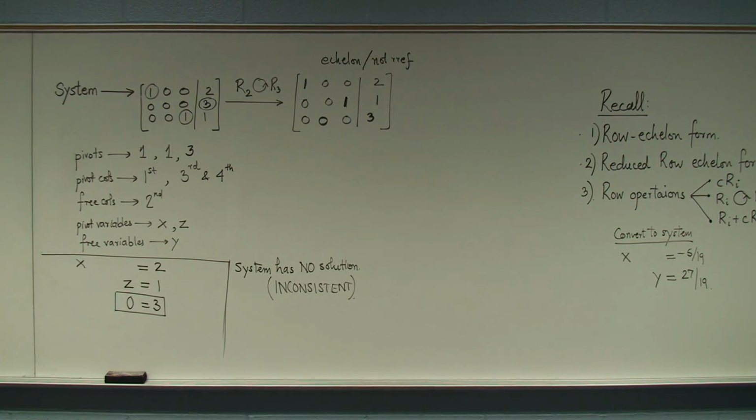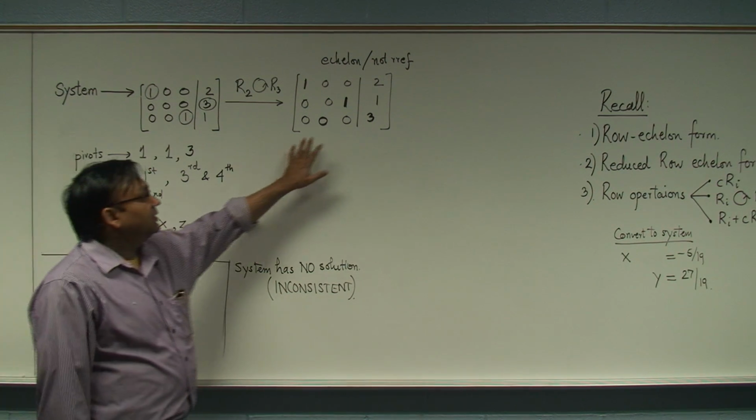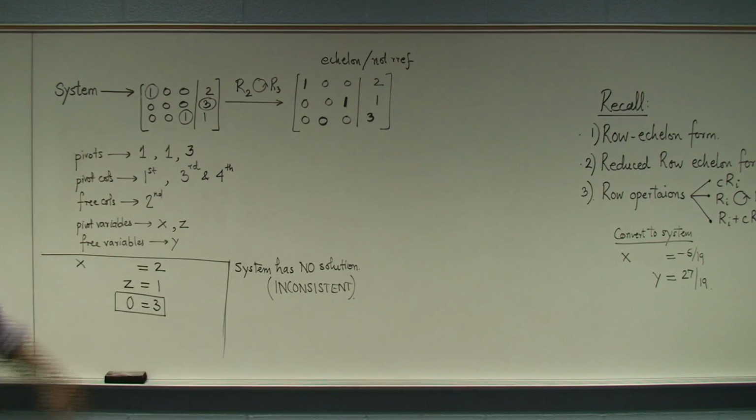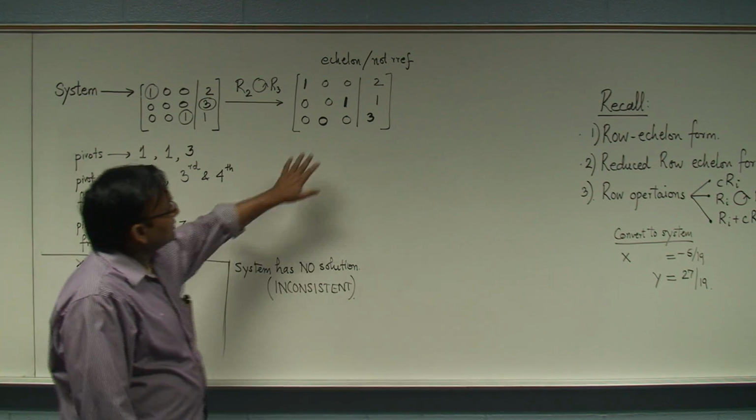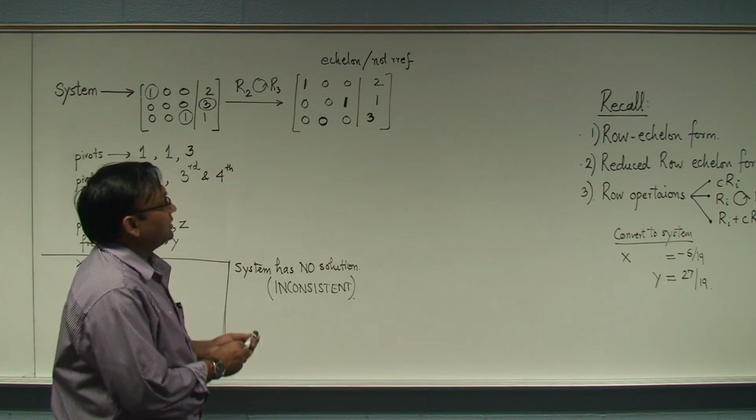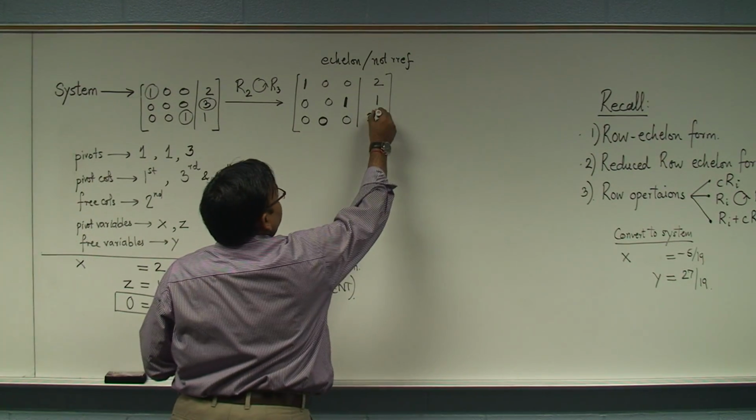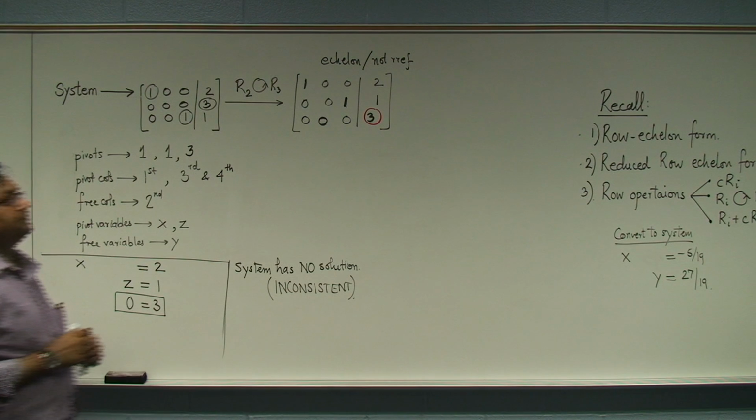So if we were to take a guess, looking at the echelon form, is it possible for us to predict when the system will have no solution? If you look at this example, the reason we did not have any solution is because the pivot entered the right-hand side column.